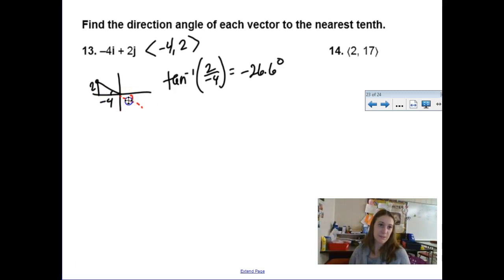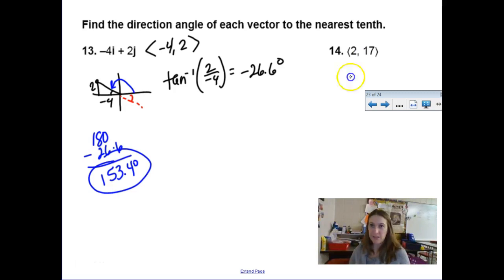But remember, reference angles, in this case vertical angles, if this is 26.6, this is also 26.6. So if they want the actual angle from the positive x-axis, and I need to find this angle right here, that would be 180 minus 26.6, which is 153.4 degrees. That's the angle they want.